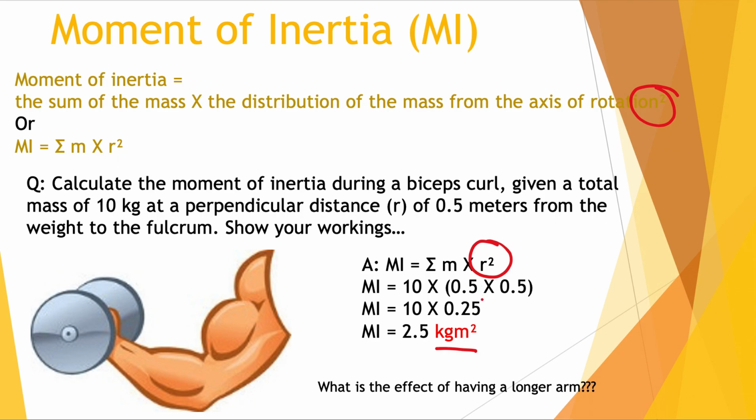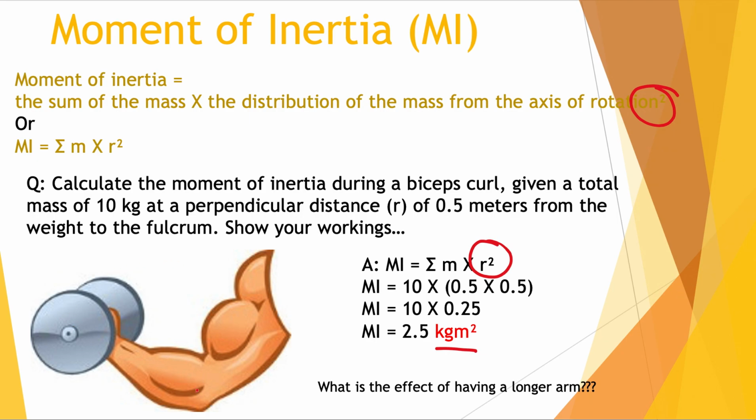So we do 0.7 times 0.7 to give us 0.49, and then 10 times 0.49 to give us 4.9 kilogram meters squared. So a longer lever arm gives us a larger moment of inertia, which means it's harder to make this body then move.